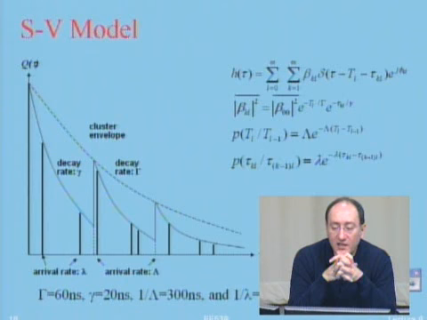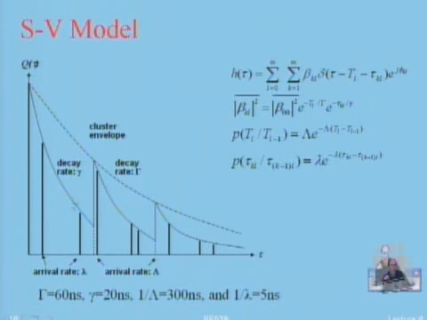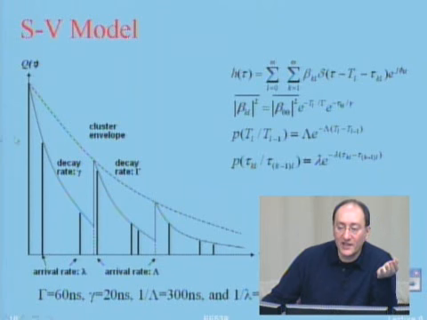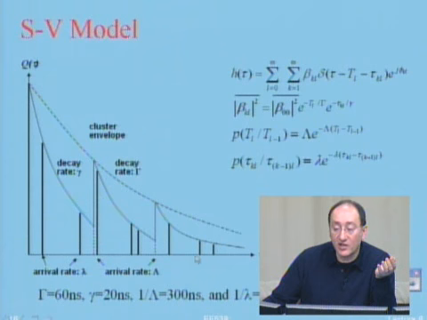Basically, they said that we have these exponential envelopes, which is the same thing that I told you they are using in 802.11b. But in 802.11b, they have only one cluster. In here, they have several clusters.